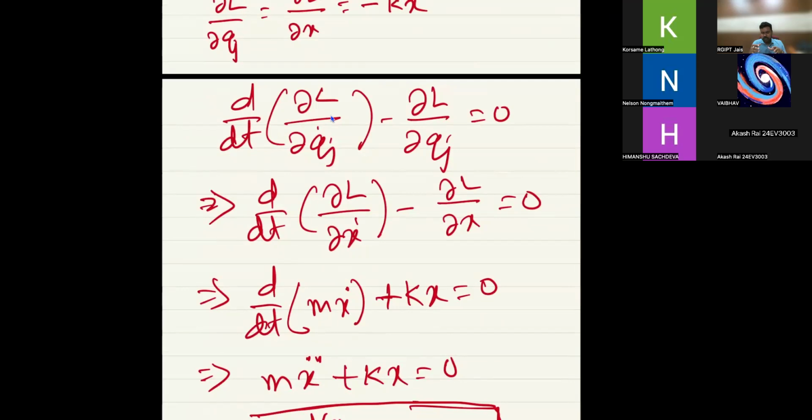So for now, it looks like it's more complicated. It involves more detailed calculation, but it has its own advantage. And I will tell you in the next few classes why this is superior. But before going there, we'll do some more examples to get you familiar with this Lagrangian method.